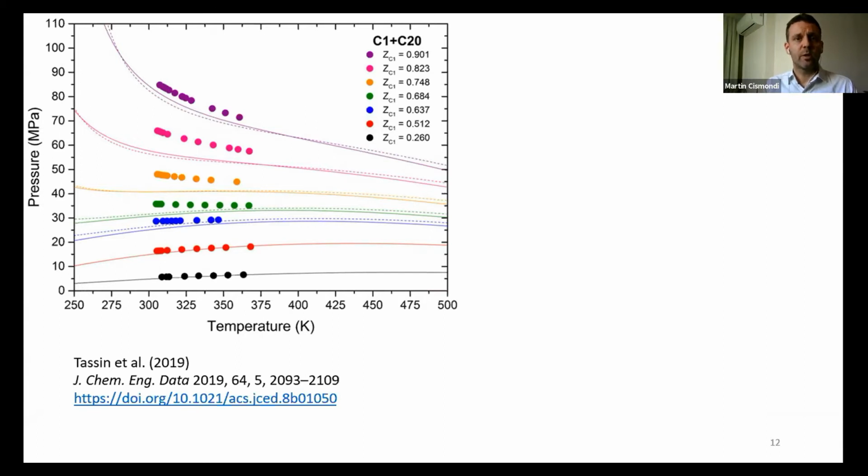So this is C20 for different compositions, and you see that for the highest levels of methane, they give open phase envelopes, and this corresponds clearly to type 3 phase behavior.